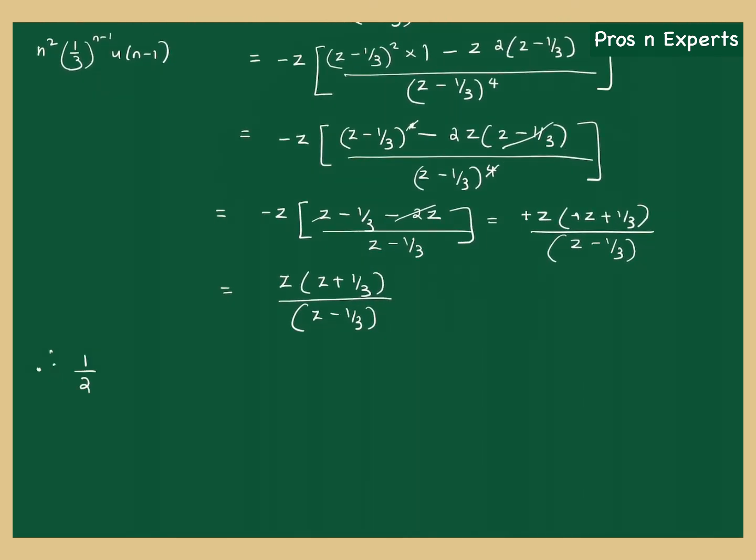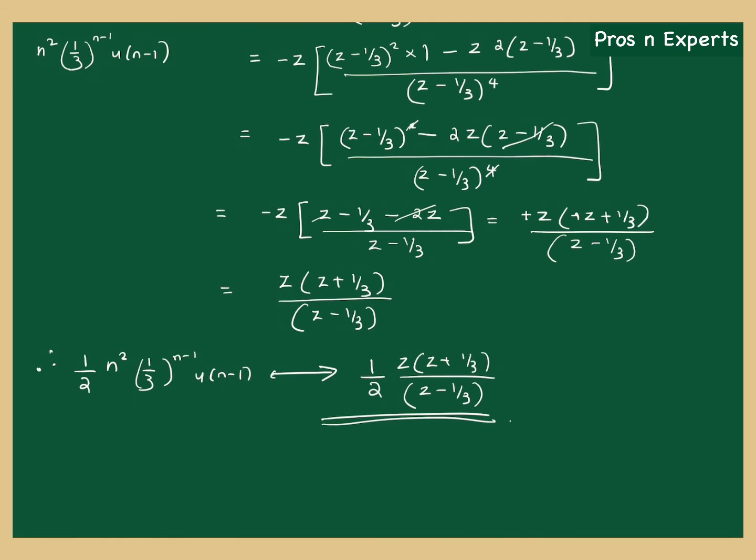Therefore, according to linearity, half n square 1 by 3 raised to n minus 1 u of n minus 1 will give us the transform of half into (z plus 1 by 3) divided by (z minus 1 by 3). So this is the ultimate final answer for the Z transform.